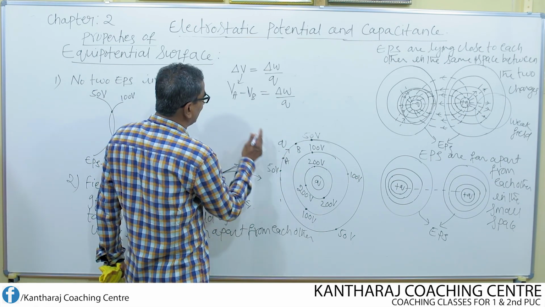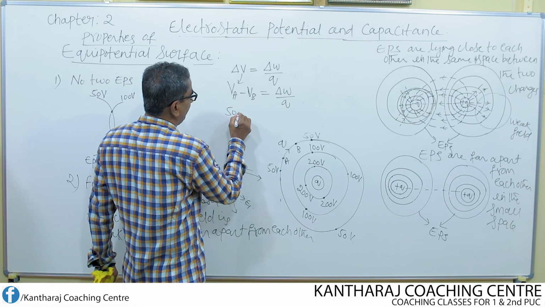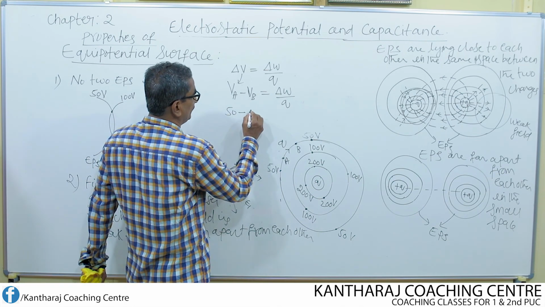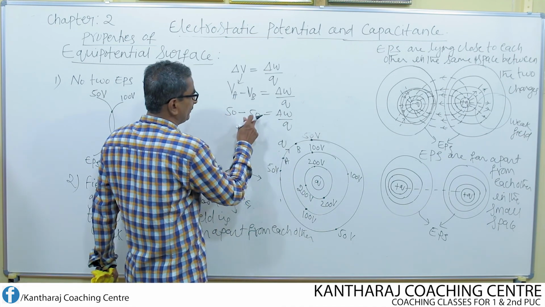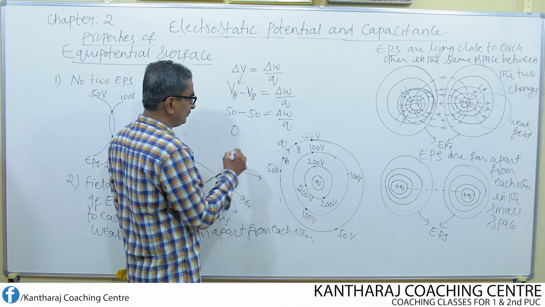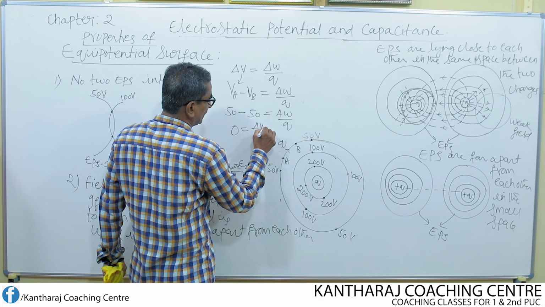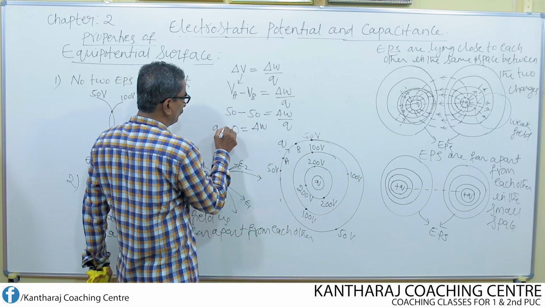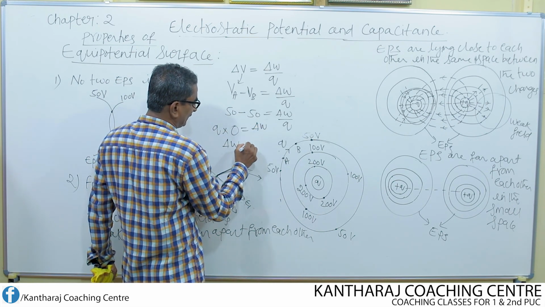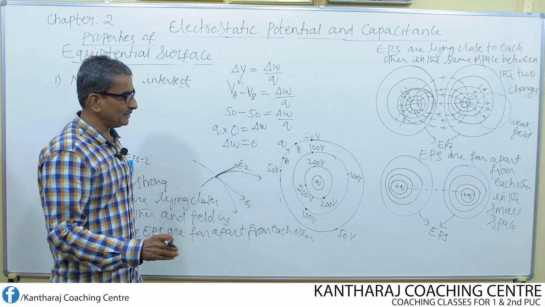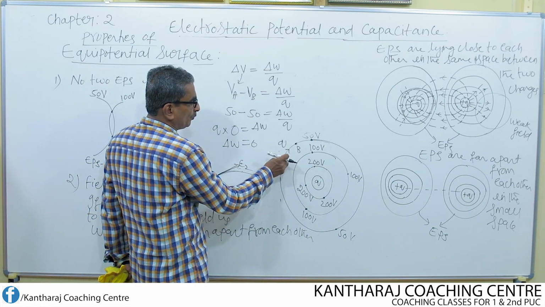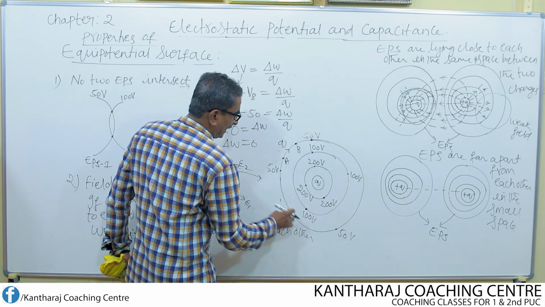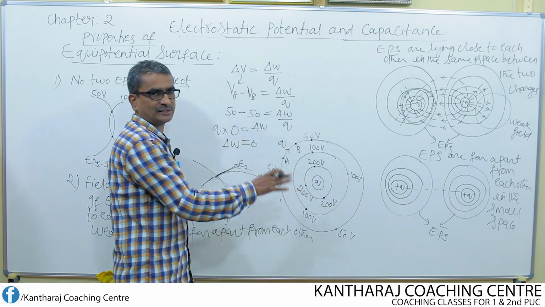Therefore potential at A, that is VA, 50, minus potential at B, 50, is equal to delta W by Q. So 50 minus 50 means 0, which is equal to delta W by Q, that means delta W equals 0. That means no need to do any work if you want to move a charge from one point to another point on an equipotential surface.